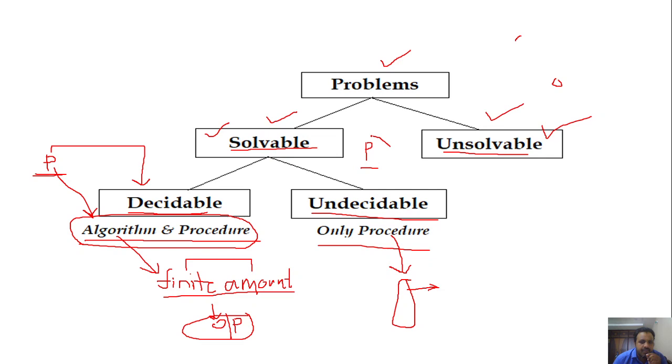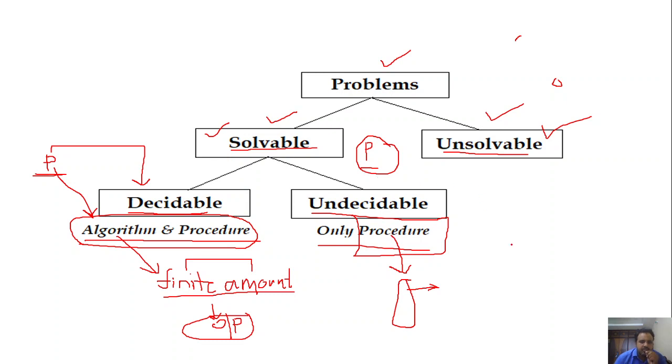A problem P will be considered as an undecidable problem if there is only a procedure for that particular problem, or there is a procedure to solve that particular problem. Okay, and if we don't have an algorithm, then that particular problem will be considered as an undecidable problem.